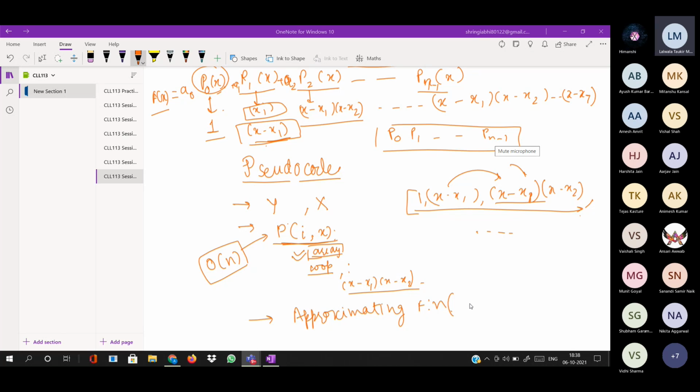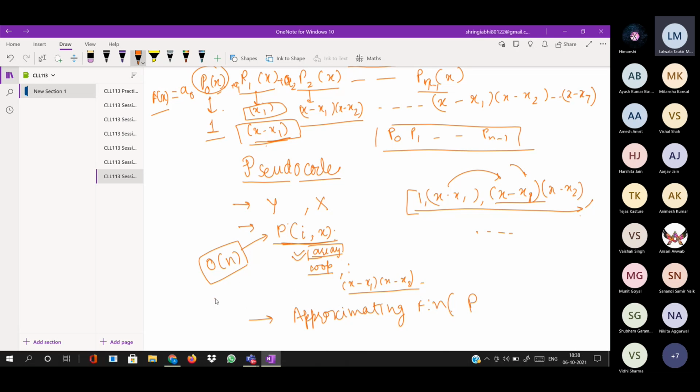All the coefficients will pass. Right. How will the coefficients be passed? Sir, we can calculate one array for coefficients also, no? That is a0, a1 till an minus 1.